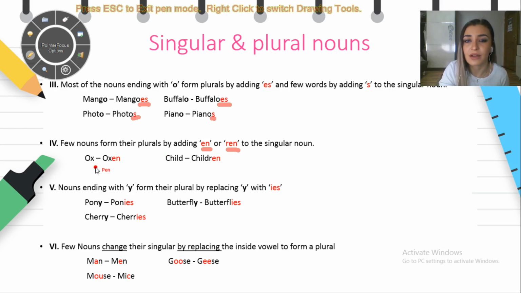For example, we have the word ox, which becomes oxen, and child becomes children. This is the word that children often mistake the most because they say child's or childish, but the correct word for this noun in plural is children.